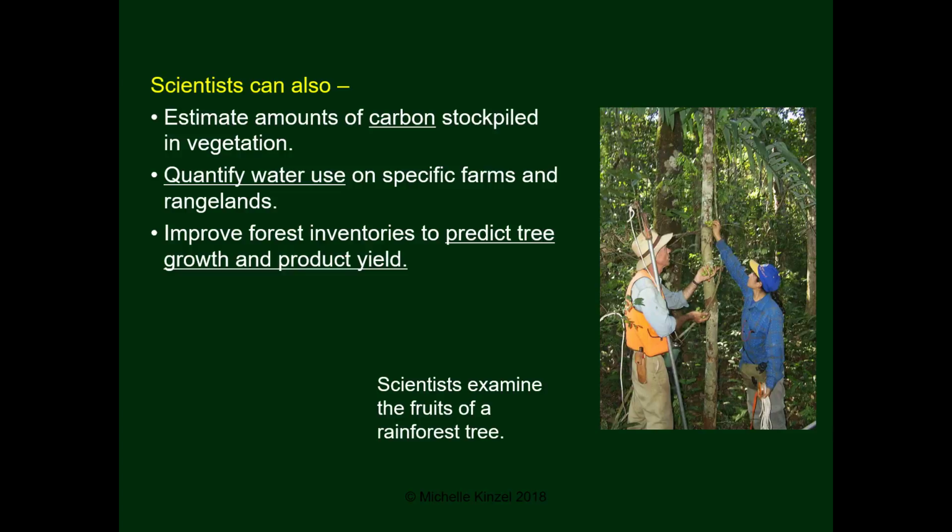You can quantify water use on specific farms and rangelands, and you can improve forest inventories to predict tree growth and product yield. Here's an example of scientists examining the fruits of a forest tree, and satellite imagery is very useful for large areas and looking at one of the current issues facing our society, which is deforestation.